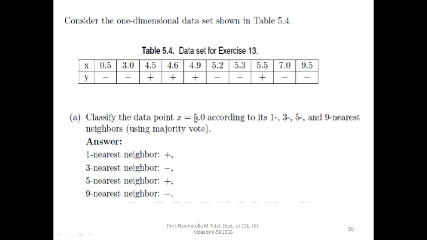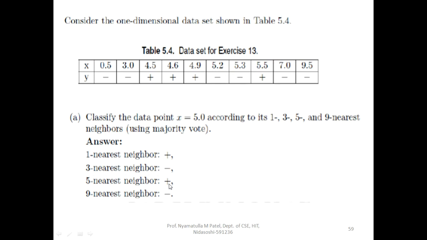The first nearest neighbor is 4.9, and the majority vote is positive. For the 3 nearest neighbors, they are 4.9, 5.2 and 5.3. Out of these there are 2 negatives and 1 positive, so the majority vote is negative.